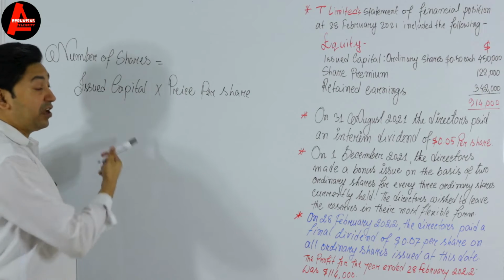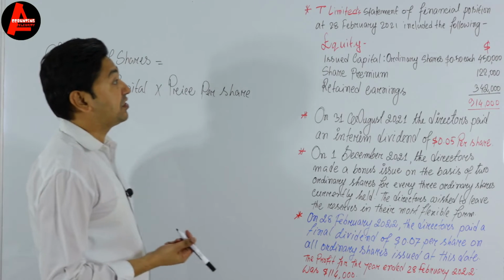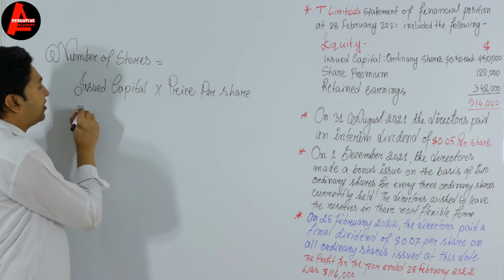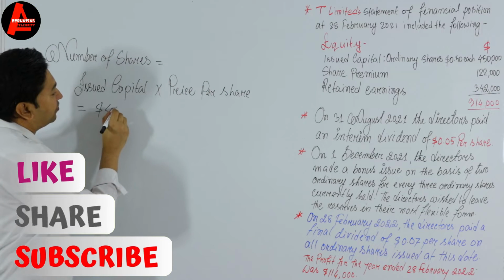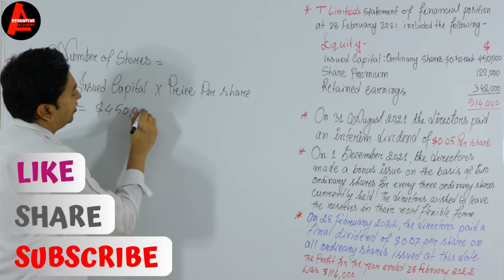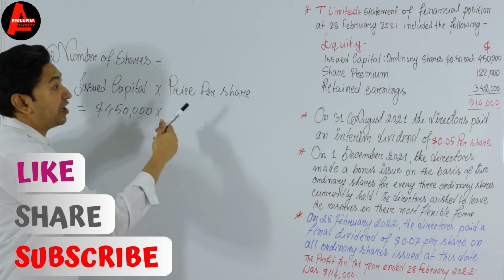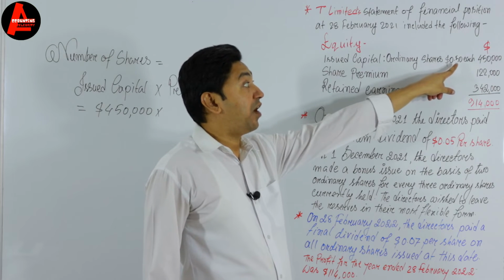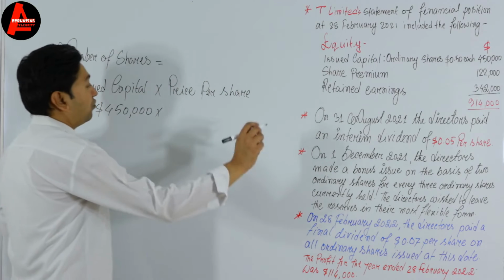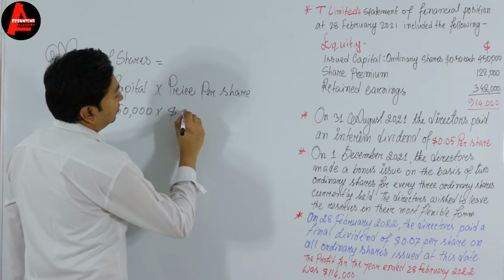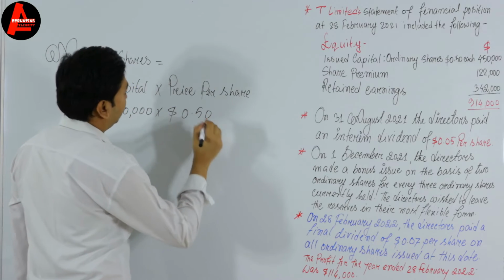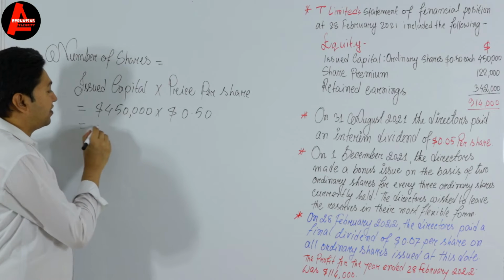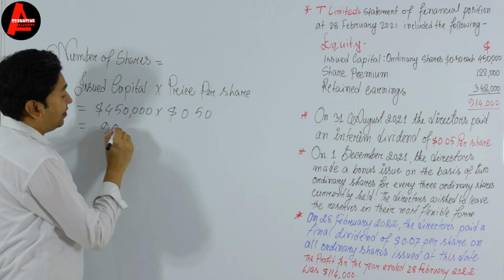Here we see issued capital is $450,000, so let us write $450,000. Then price per share is written as $0.50, so we write $0.50. If we divide this, we get 900,000.